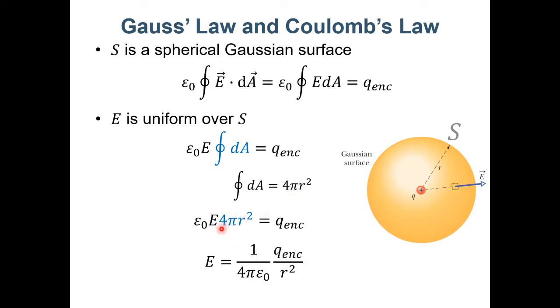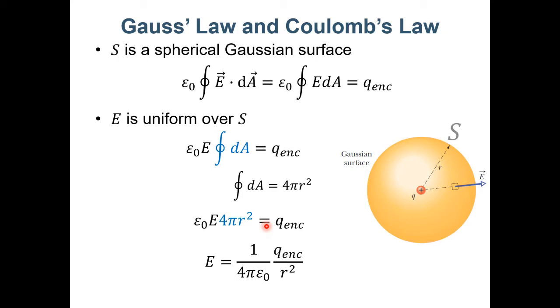We substitute it here, and finally we divide by epsilon 0 times 4 pi r squared on both sides. Then we get E equals k Q enclosed over r squared.